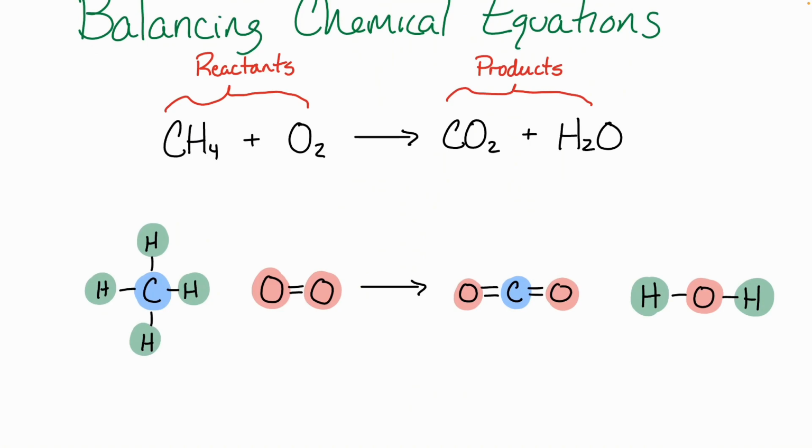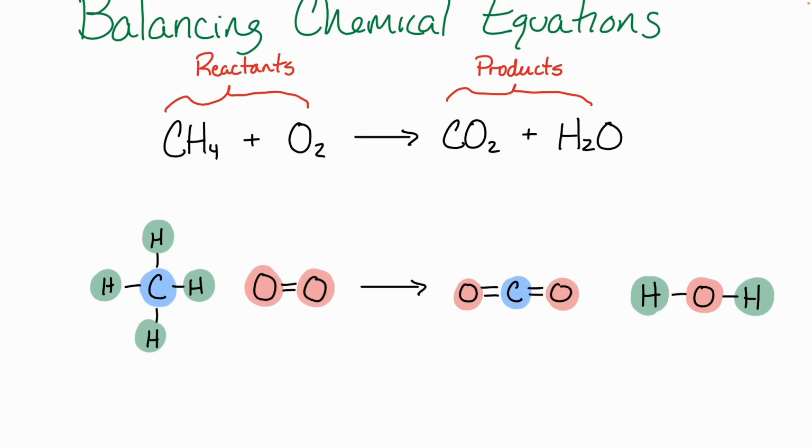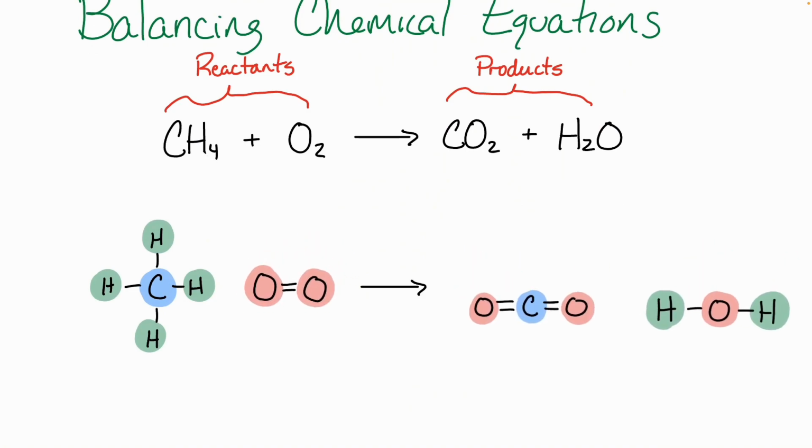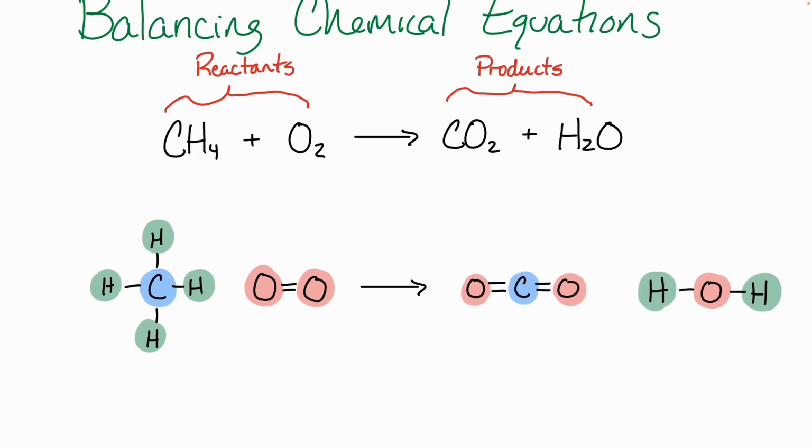But there's something wrong with this chemical equation as written here. It just doesn't work out that this 1 carbon, 4 hydrogen molecule turns into just 2 hydrogens over here on the product side. Or somehow I have these 2 oxygen atoms on my reactant side, but 3 on my product side.